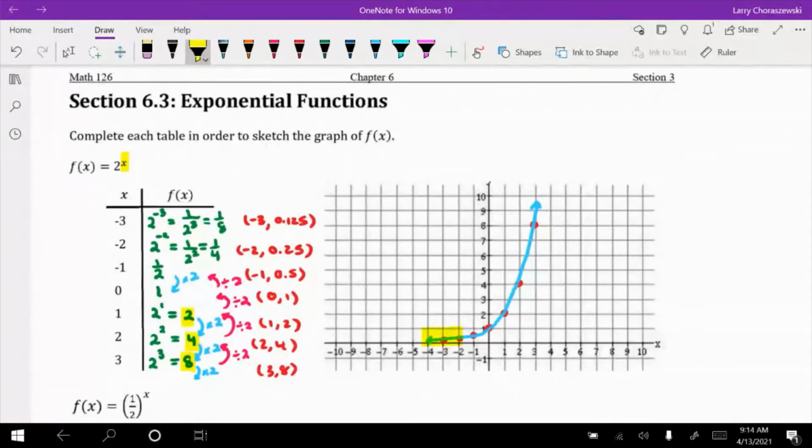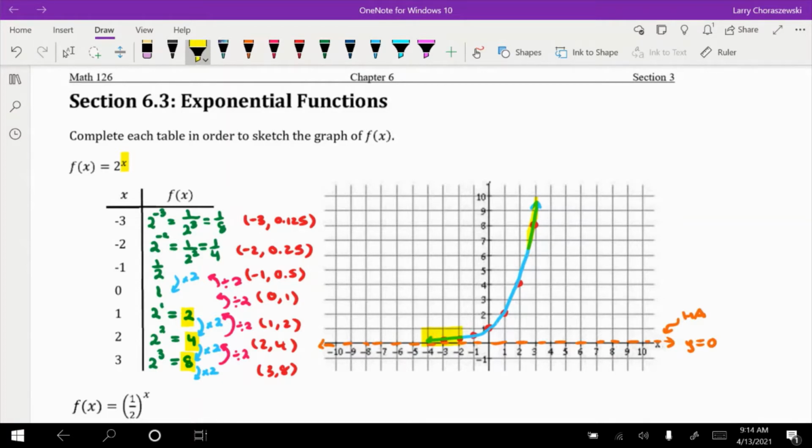So due to the fact that we have an end of the graph getting close to the x-axis but never crossing or touching it, that qualifies the x-axis as a horizontal asymptote. And the equation for it would be y equals 0. Okay, so one end gets closer to the x-axis while the other end goes up to positive infinity.